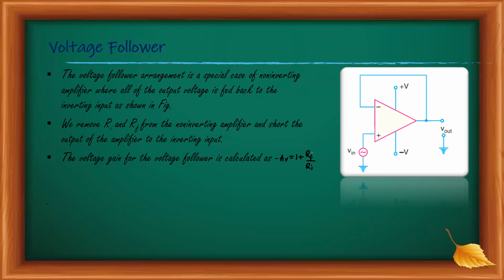So this quantity RF is 0 or RI is infinity. So this quantity must be equal to 0. So the gain must be equal to 1. Okay, the voltage gain of the follower is equal to 1. Thus the closed loop voltage gain of the voltage follower is 1.